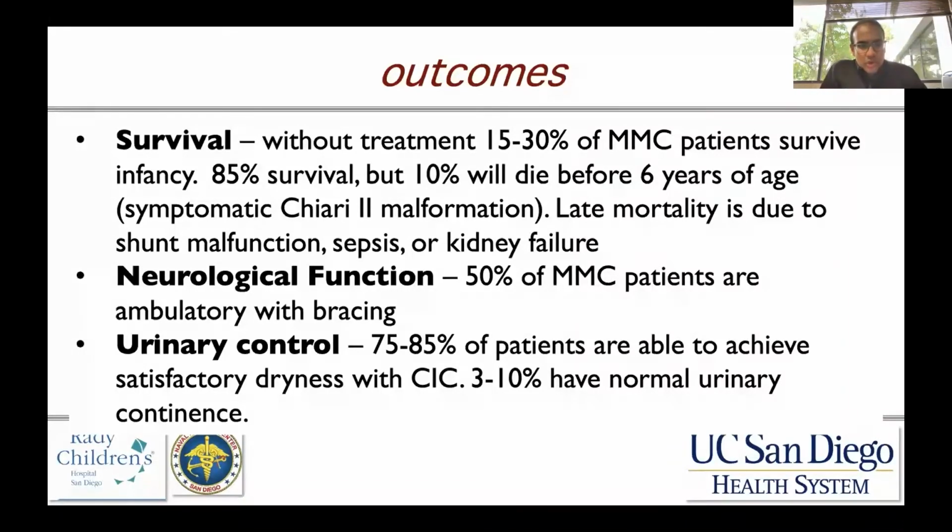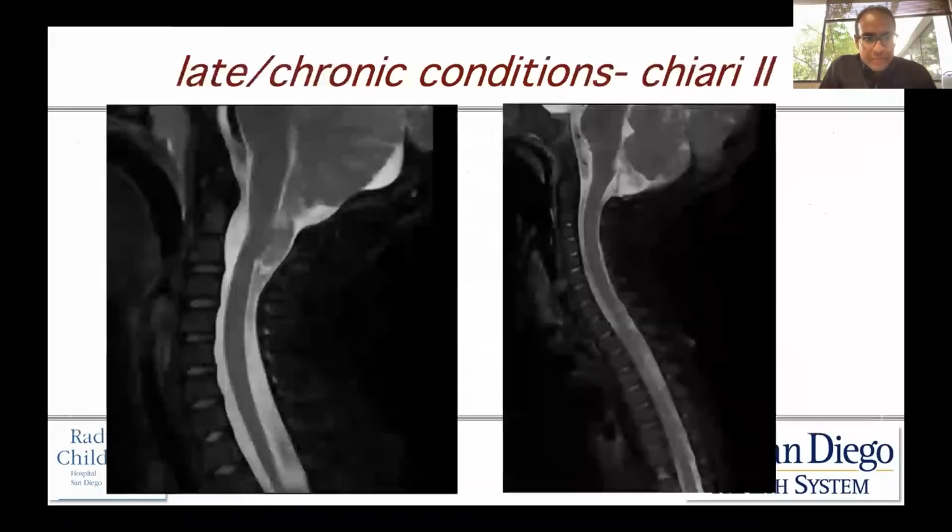So when we talk about neurological function, 50% of myelomeningocele patients are ambulatory with bracing, and nearly 75 to 85% of patients are able to achieve satisfactory dryness with clean intermittent catheterization. And nearly 3 to 10%, up to 10%, have normal urinary continence. And it's important to remember that. That's why it's so important to understand the continuum of disease that myelomeningocele and open neural tube defects bring to the clinical table.